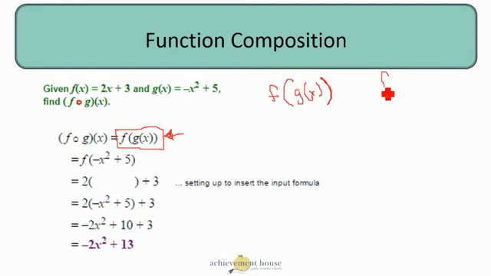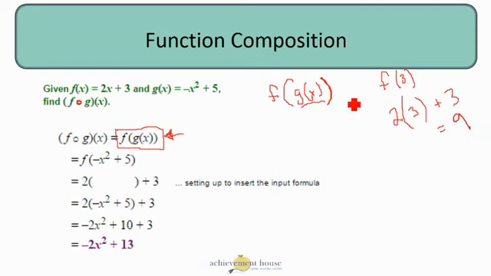So just like you would say f of 3 if x was 3, now you're saying f of g of x. So also, in comparison, if 2x plus 3 is our f of x, then in order to find f of 3, I would substitute a 3 wherever an x was, and that would give me f of 3, which would eventually lead me to 9.